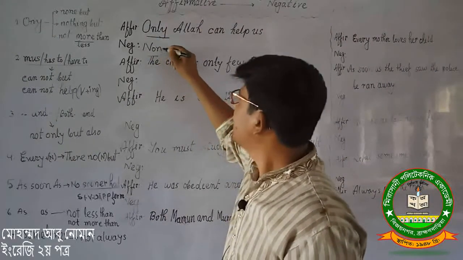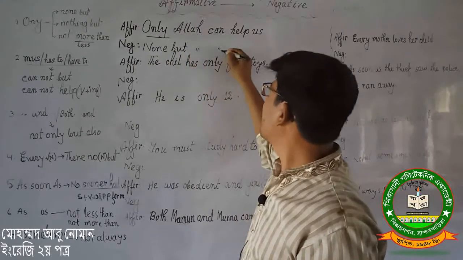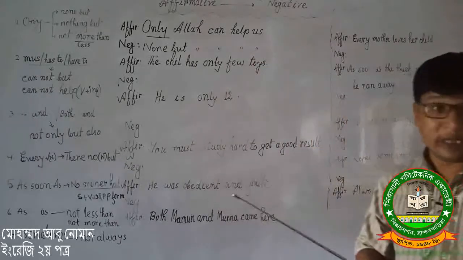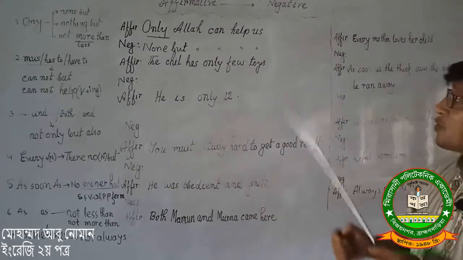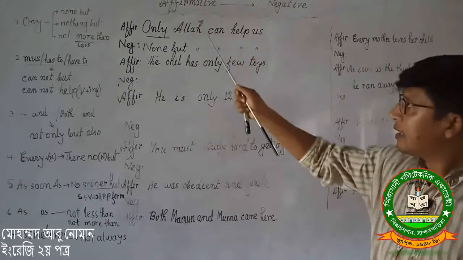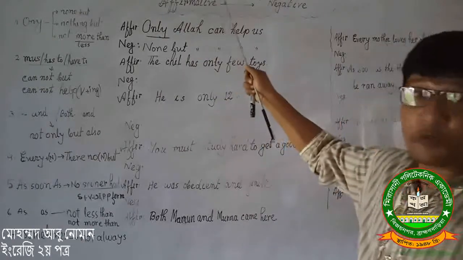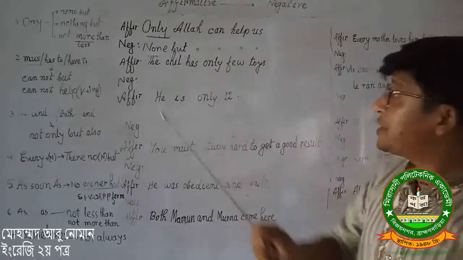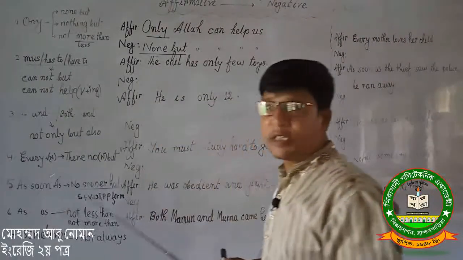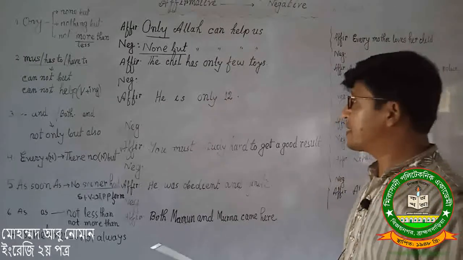None but Allah can help us. Because our time is limited, I don't write it all out. I have changed only the word only, and the sentence keeps exactly its old meaning.